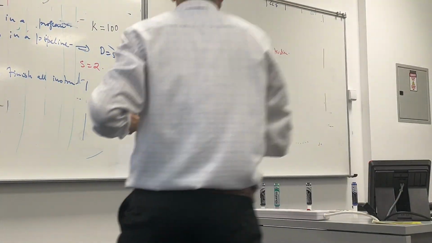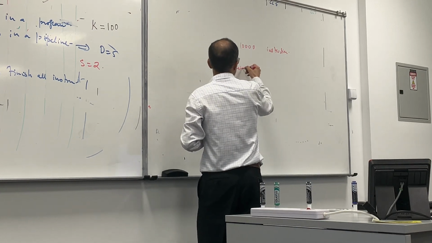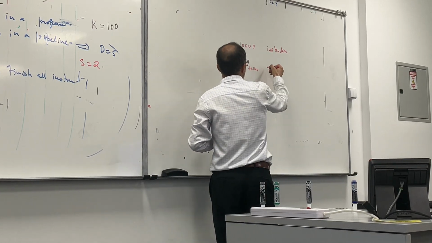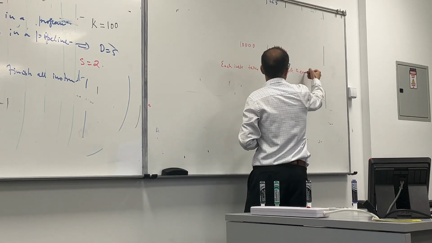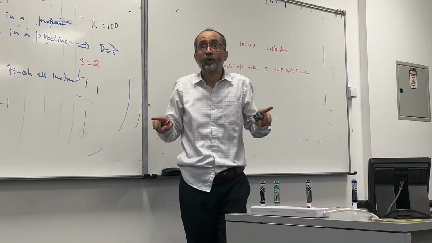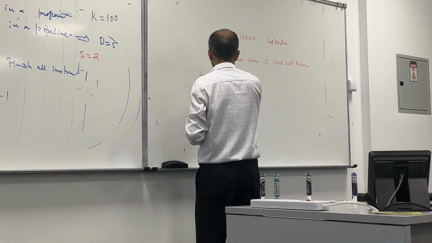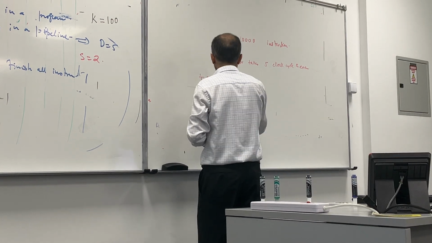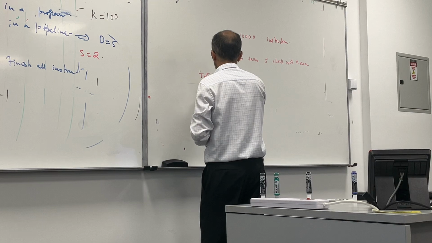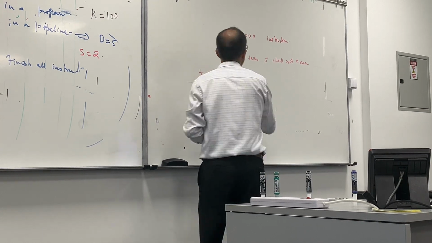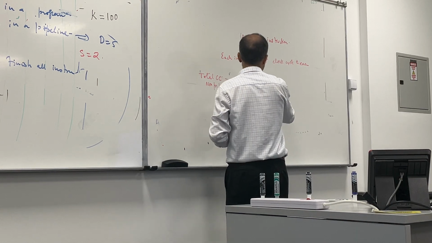So each instruction takes 5 clock cycles to execute. And please remember, there is no pipelining. What will be the total latency or total clock cycles in a non-pipelined machine? 10,000 times 5.